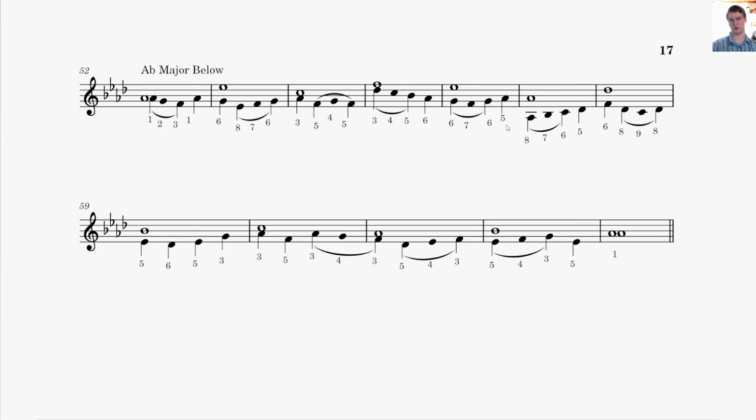So instead of worrying about traveling in contrary motion to a perfect interval, if we change this interval just into an imperfect consonance, then we don't have to approach it in contrary motion, and we may even be able to keep a better melodic fluency.